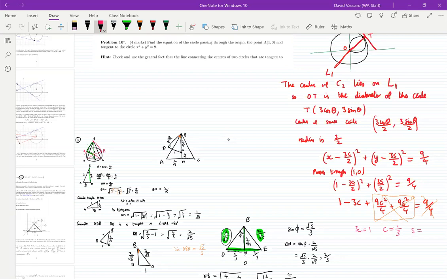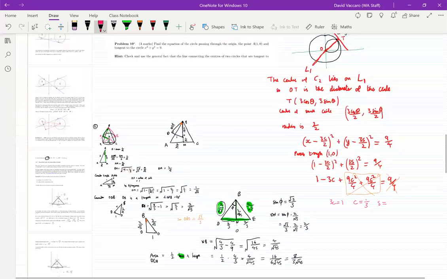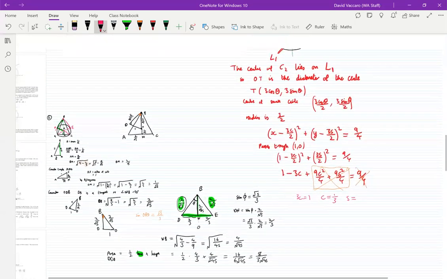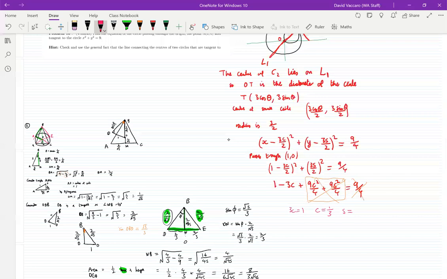s presumably is, I can then get s by Pythagoras. So s is the square root of 1 minus 1/9, so that's root 8 over 3, or plus or minus root 8 over 3. So that's plus or minus 2 root 2 over 3.